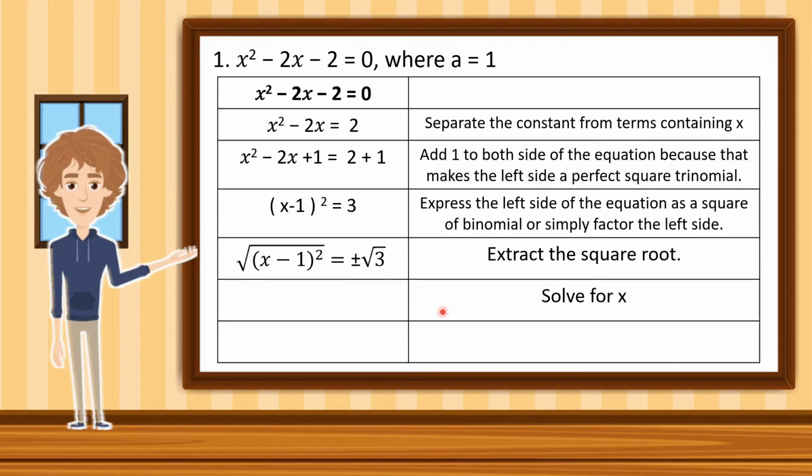And then it is time to solve for x. x minus 1 is equal to positive or negative square root of 3. And we'll have an answer, x is equal to 1 plus or minus square root of 3. So the roots are 1 plus square root of 3 and 1 minus square root of 3.